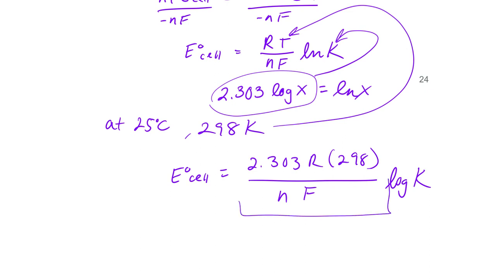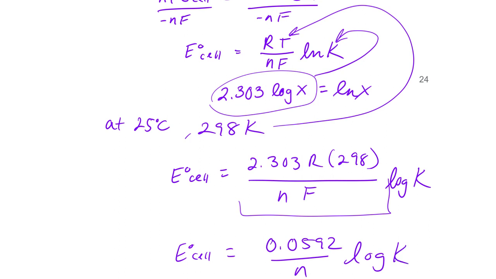As long as we're at 25 degrees Celsius, we end up with E cell equals 0.0592 over n times the log of K. We need to keep n here because it depends on the number of electrons transferred. That doesn't get lumped into a constant. But the R, T, and Faraday's constant do. So this gives us the Nernst equation.